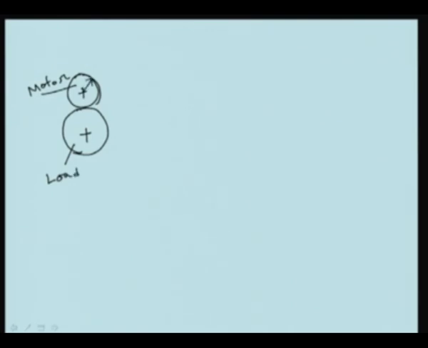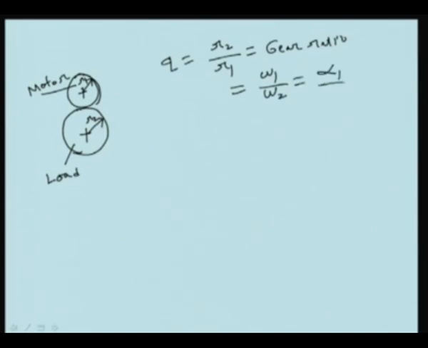If this radius is r1 and this is r2, then q equal to r2 by r1 is called the gear ratio. With two gears, the gear ratio is equal to omega 1 by omega 2, which is equal to alpha 1 by alpha 2. The linear velocity is actually the same for both the gears. So omega 1 into r1 is equal to omega 2 into r2.